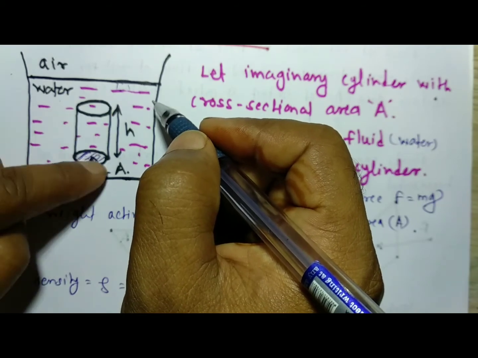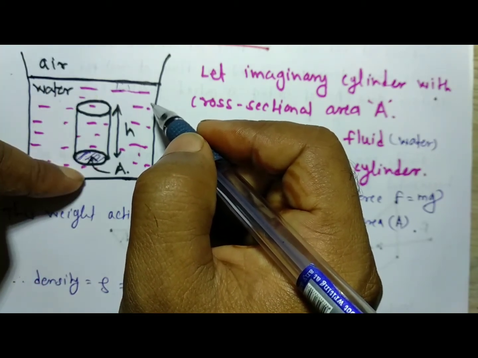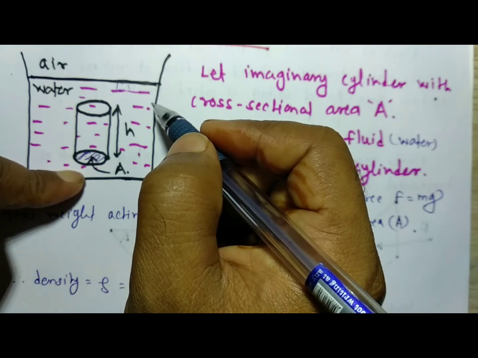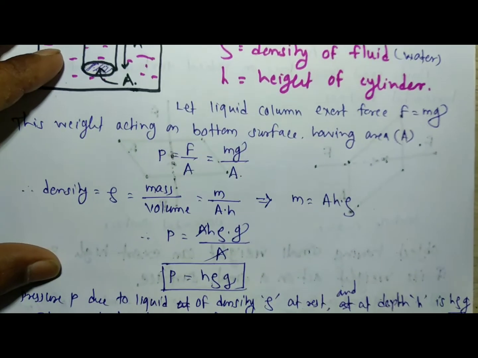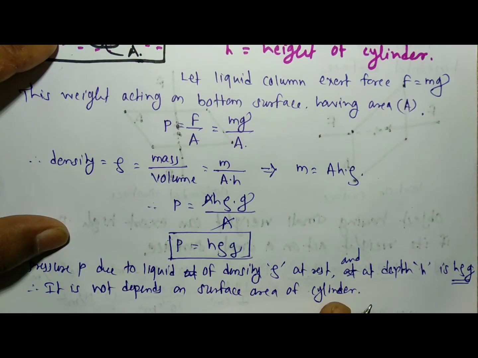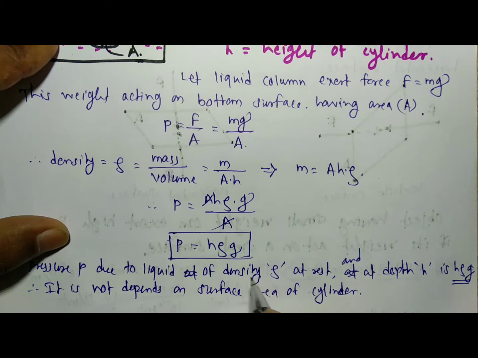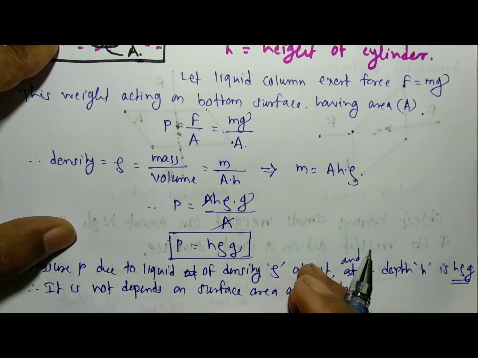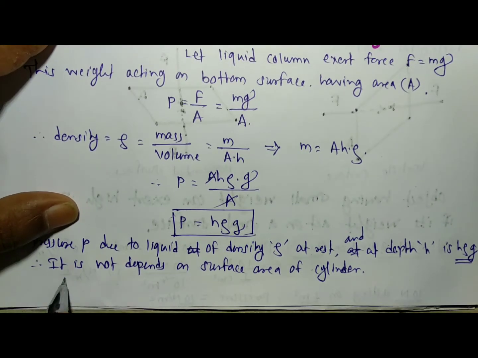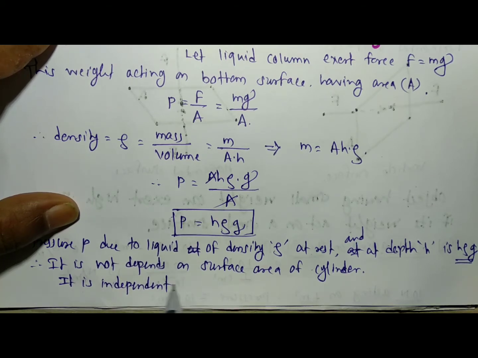Therefore the pressure exerted on any point does not depend on the imaginary area around it. It depends on the height below the liquid surface, and therefore pressure does not depend on the imaginary surface area of a cylinder, and it is independent of the shape and size of the container.